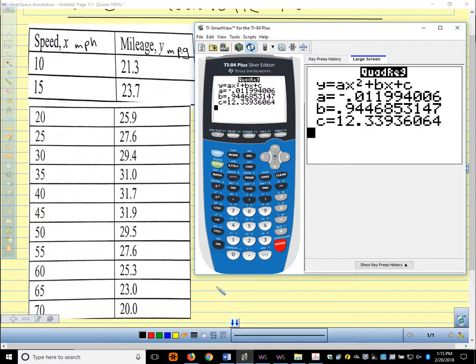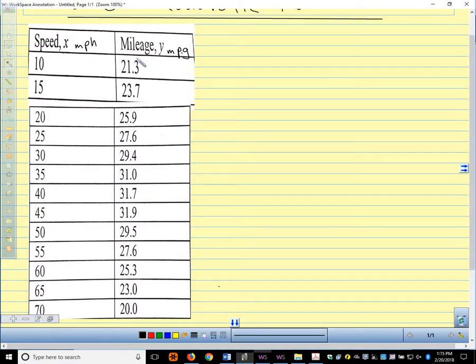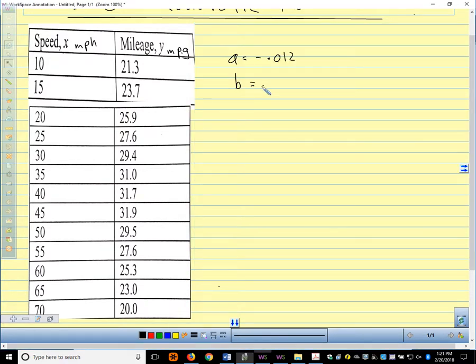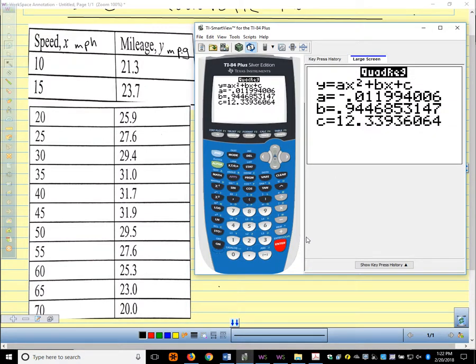A equals negative 0.012. B equals, let me get my calculator again, 0.945. And C equals 12.34 about.